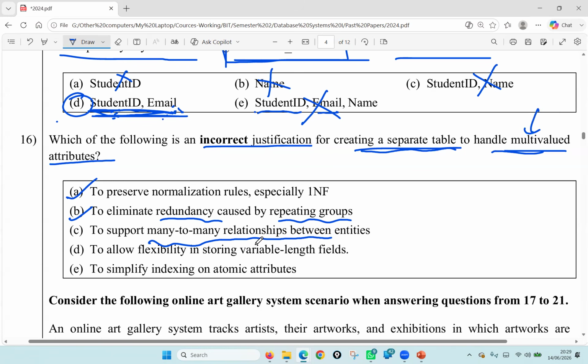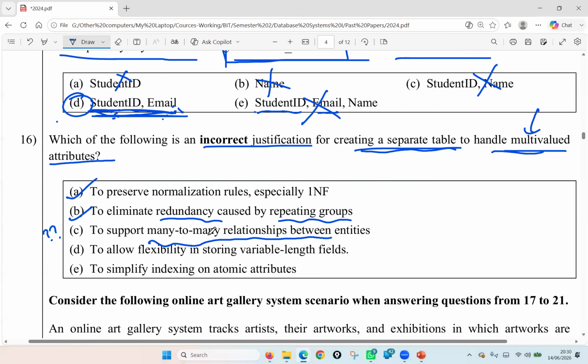Otherwise we will end up with multi-valued attributes, like payment for BIT, payment for FIT, all those things. This is not directly related to first normal form, because it is more about how to design your many-to-many relationship, but indirectly that problem is there. Therefore, let's keep it. If nothing else is there, we will take this as incorrect.